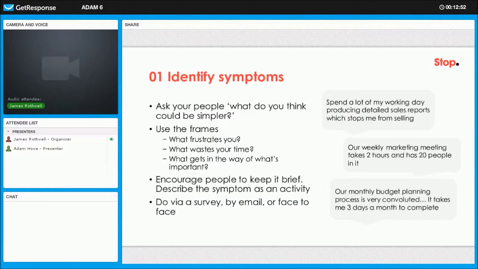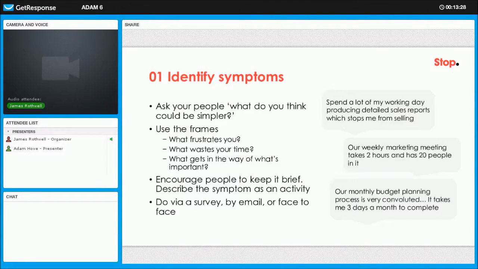And then the final point there is there's no real right way of doing this. We've seen each of these examples used effectively in an organization. So depending on how you are geographically situated, depending on what works in your organization in terms of surveys or email, ironically, then think of a way that's simplest for you to engage a good conversation between your leaders, your managers, and the people that they manage and lead, to generate as many of these ideas as possible.